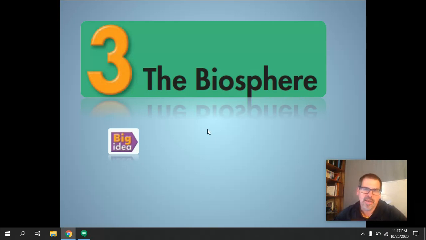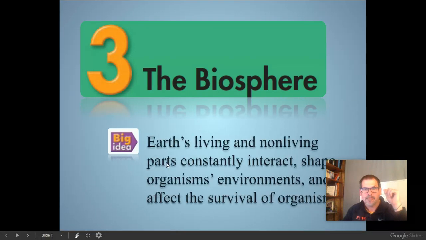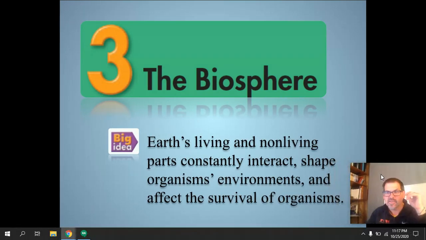But this time we're not looking at the molecular level or the microscopic level, but we're looking at how energy flows through systems, meaning from individual to individual to individual, and through entire ecosystems. So the theme is the same, flow of energy, but now we're looking at it at a macro scale, not a micro scale. All right, so there's our big idea. The Earth's living and non-living systems parts constantly interact and shape organisms' environments and affect their survival.